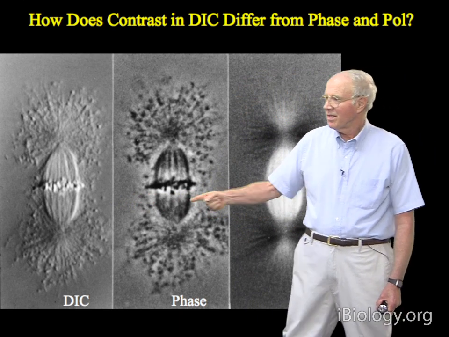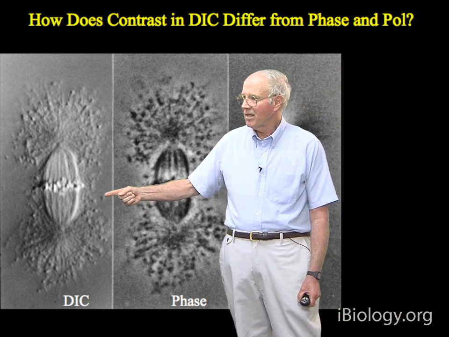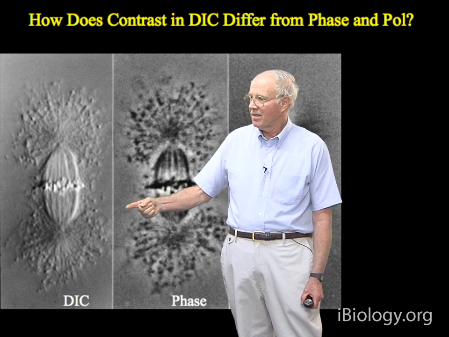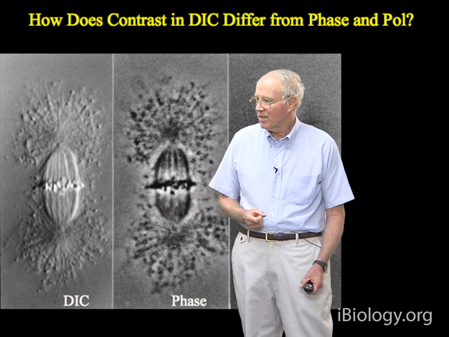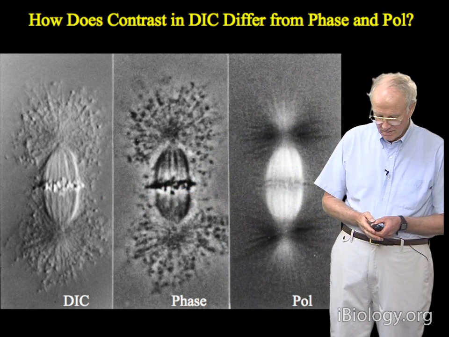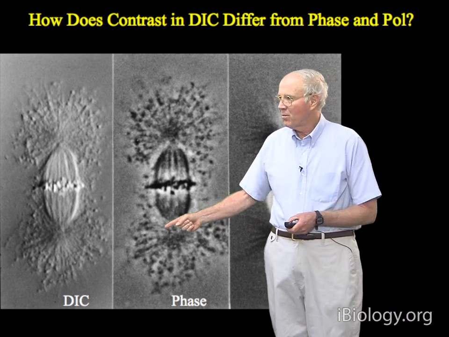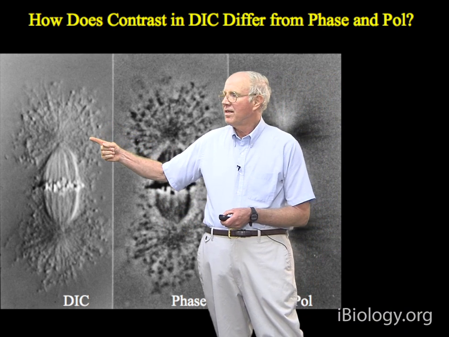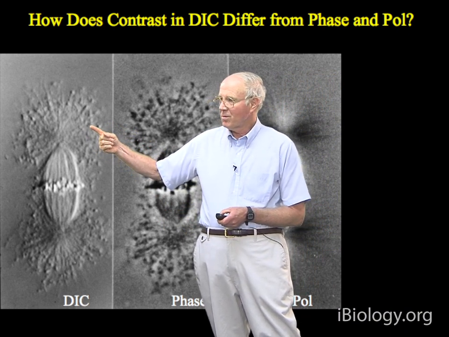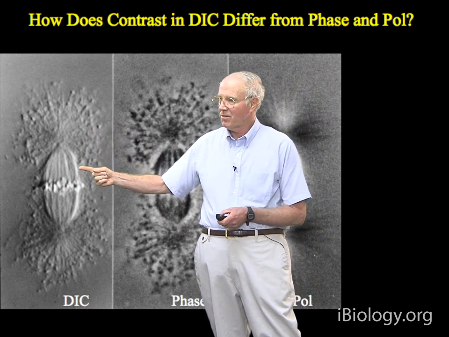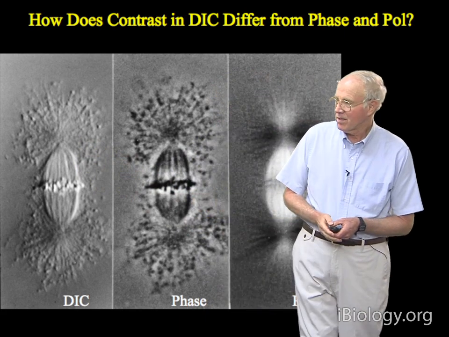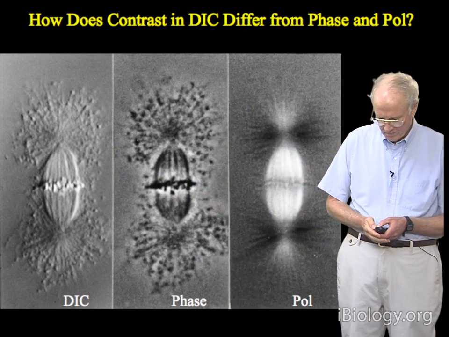But you can see that in this case, it's the edges that are highlighted and not just the mass of the object, such as in phase contrast. And the birefringence is not visible, but we do see the fiber structure of the clustering of microtubules in the asters and the clustering of microtubules that take place in the central spindle fibers.